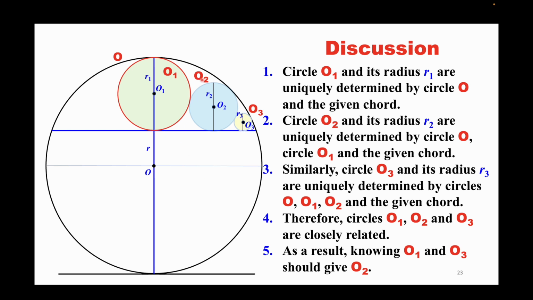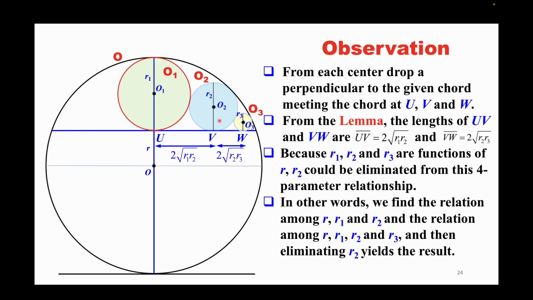So, circle O2 is an intermediate circle whose purpose is to find circle R3. Therefore, circles O1, O2, O3 are closely related. And knowing O1 and O3, we should be able to find O2. Now, how do we find R in terms of R1 and R3?